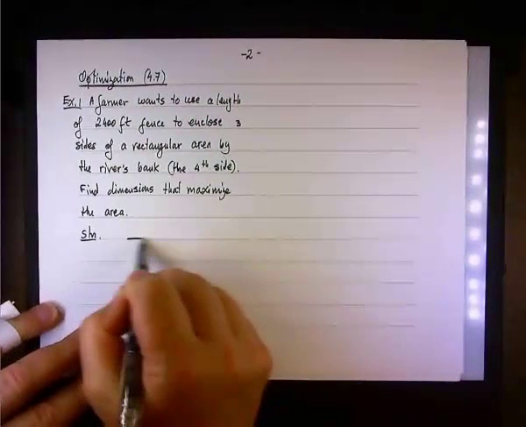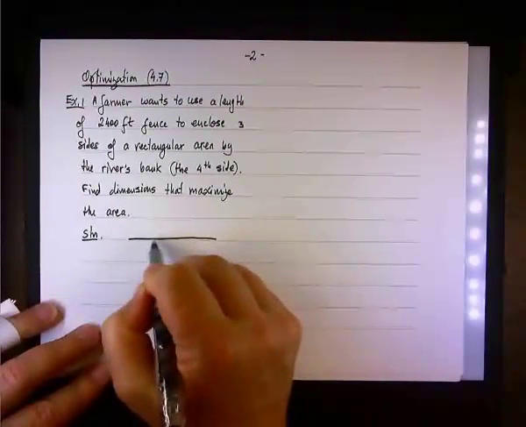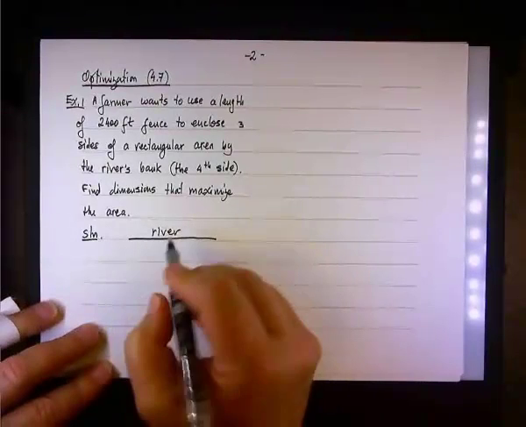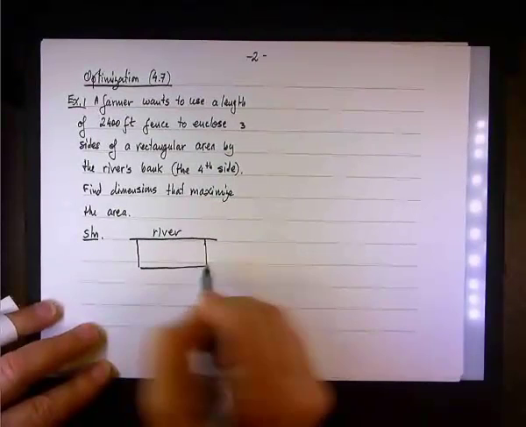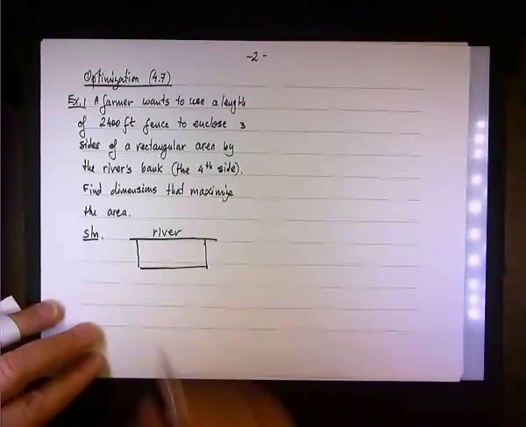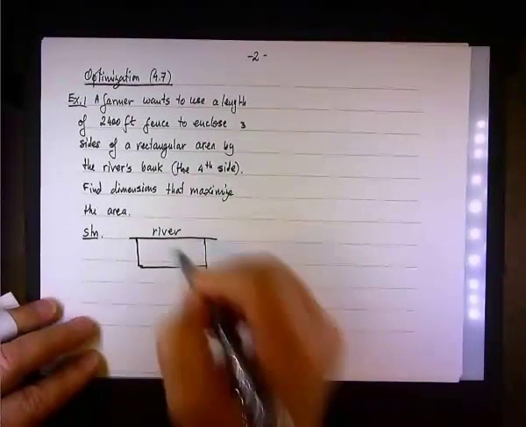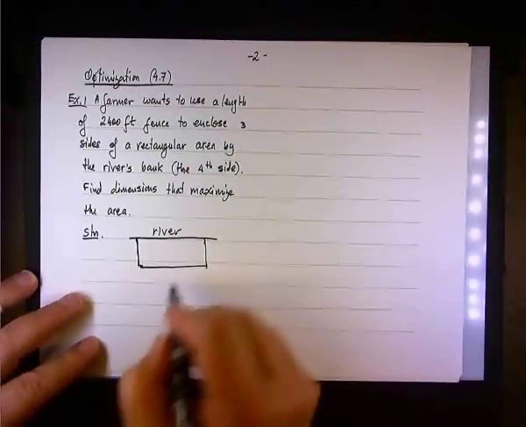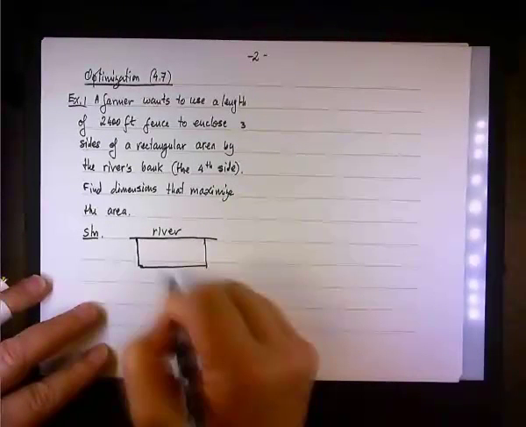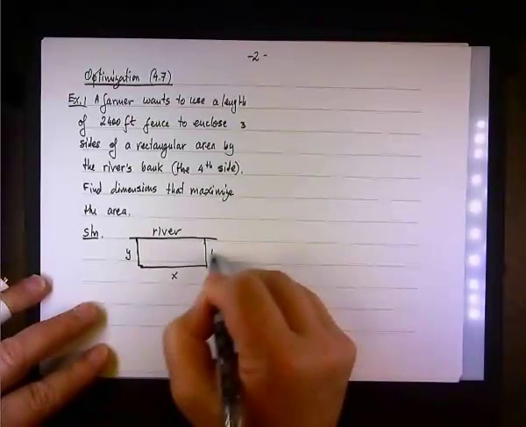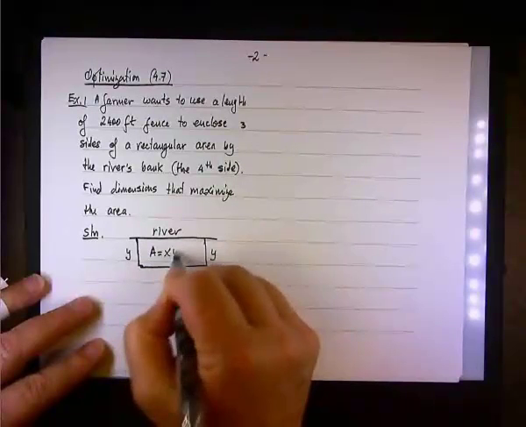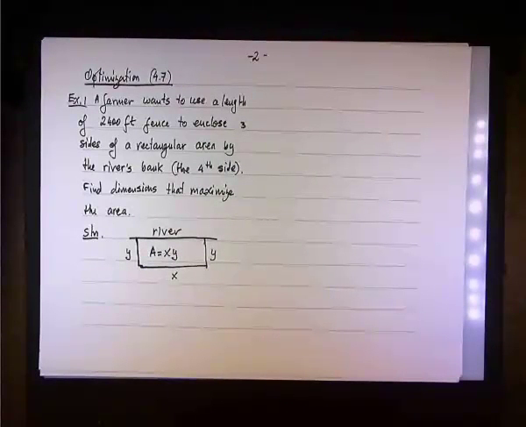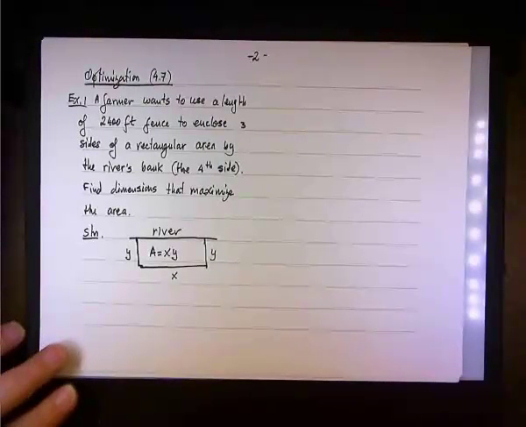So here's the river bank. The river is on this side, and you have some kind of rectangle like so. And you know this is the area, and you want to maximize the area. Now we need to assign variables. So let's say this will be our x, this will be our y, and this will be our y. And the area A equals, of course, x times y. Okay? And so the deal is to find x and y that give you the maximum of A. Okay?